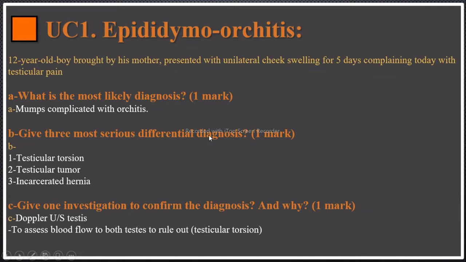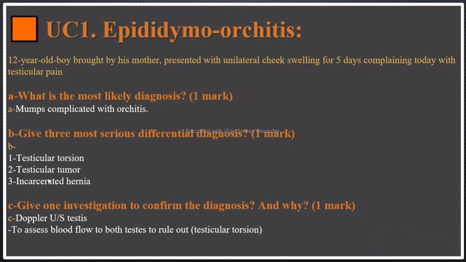Here, in the SPA, they can ask you about only the one most serious differential diagnosis. The serious ones here are testicular torsion, testicular tumor, and incarcerated hernia. What is the most serious of them?